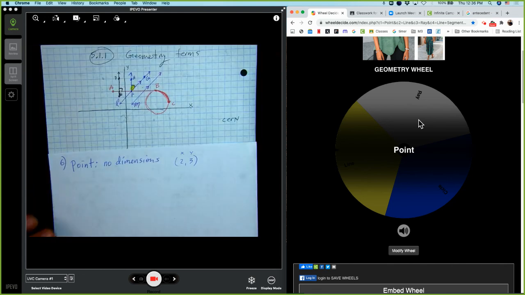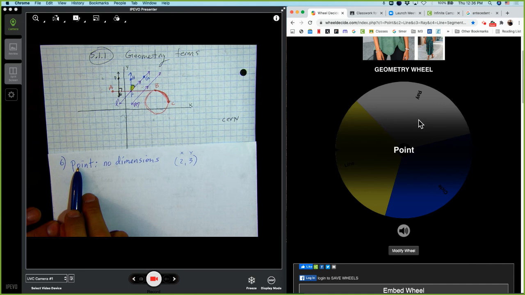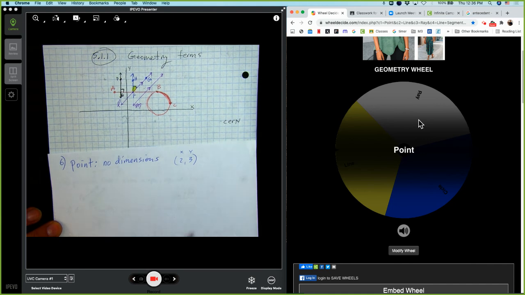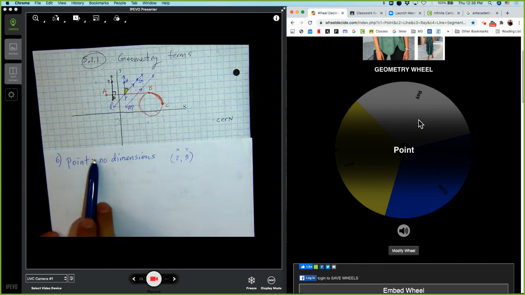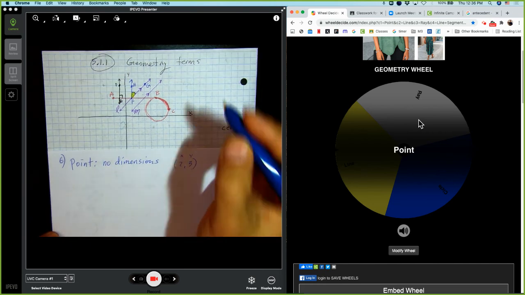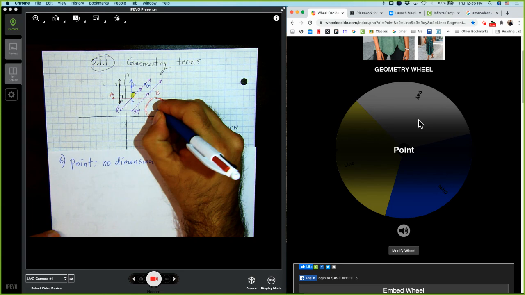A point is an abstract idea because it has no dimensions. It has no actual tangible space that it sits in. It's only a marker, but that's another example of when you get further along in math, that's going to be a really different idea that you'll have to approach if you go that far.